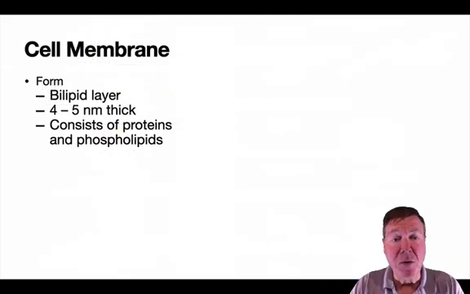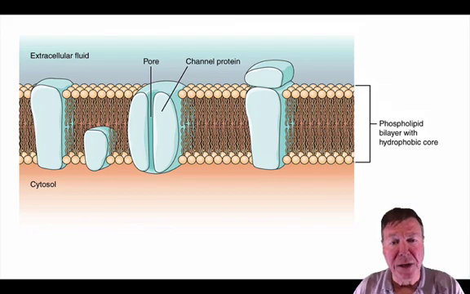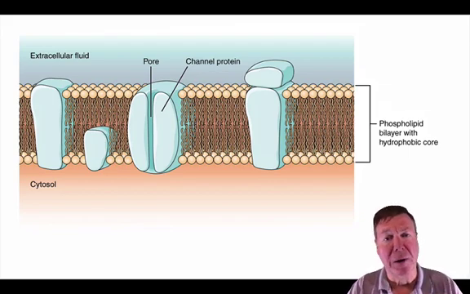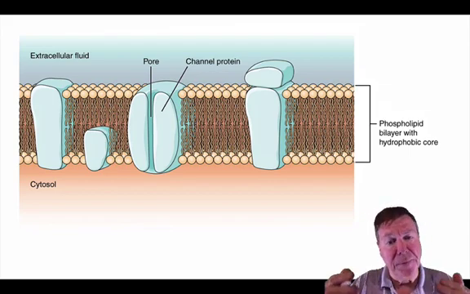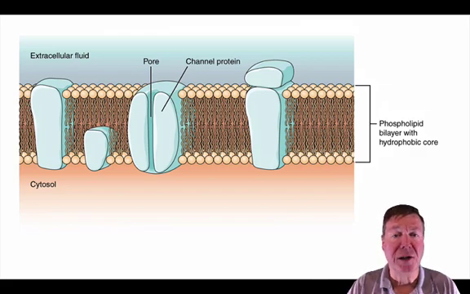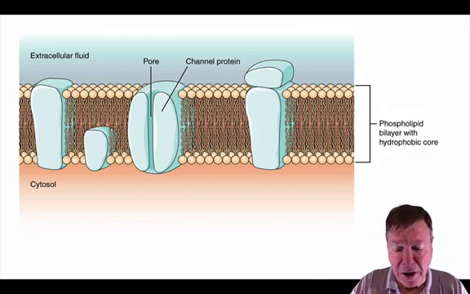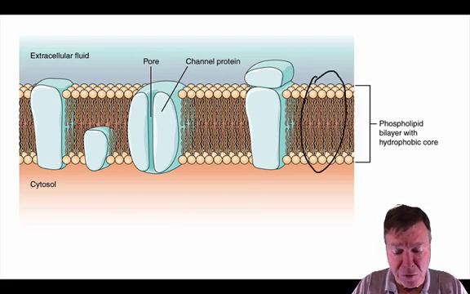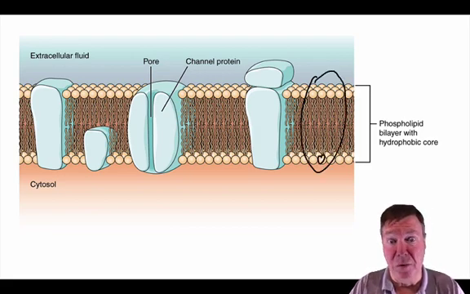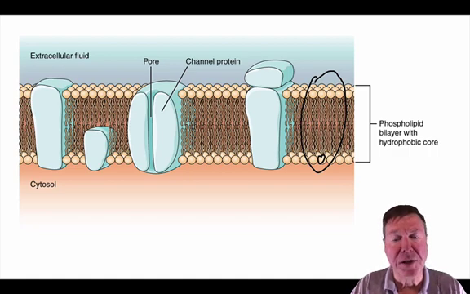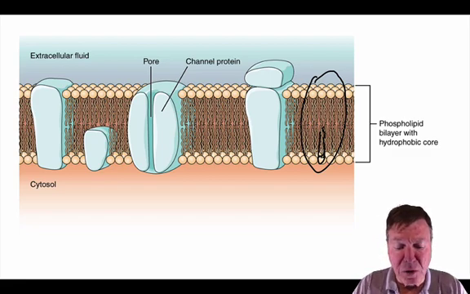It consists of proteins and phospholipids. Let me show you what one looks like. This is a diagram of a cross section of a cell membrane. The phospholipid layer is this part right in here. Each one of these little balls, and I'm going to explain this in real detail, is the head of a phospholipid, and it has 2 little tails attached to it. They are arranged in 2 layers, a layer up here and a layer down here.